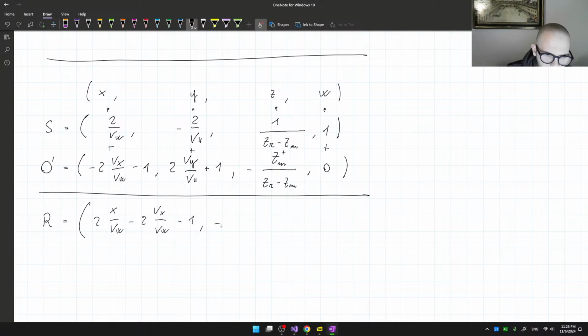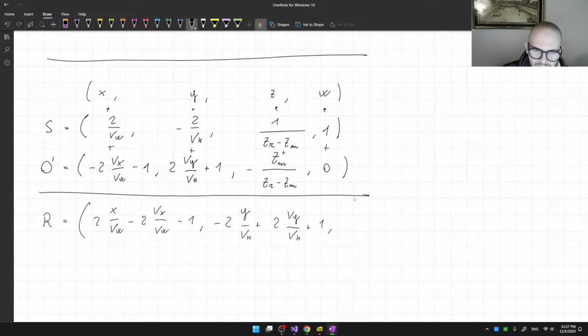This is minus 2y divided by the view height plus 2 vy divided by view height plus 1, minus 2y over view height plus 2.